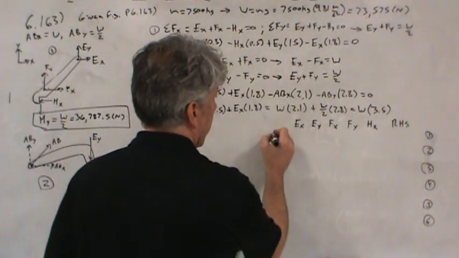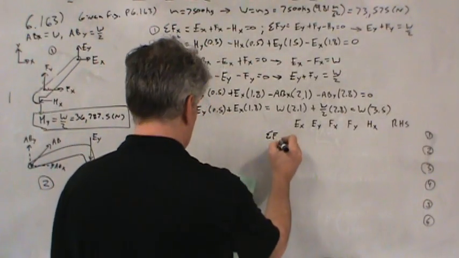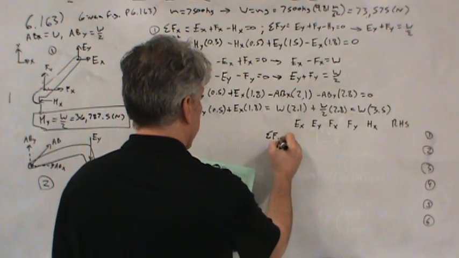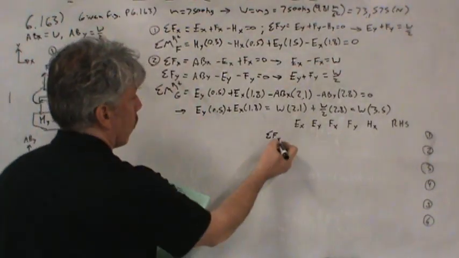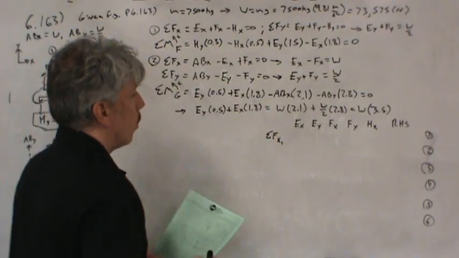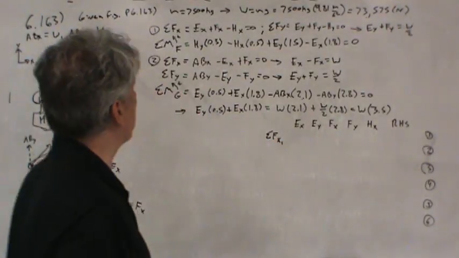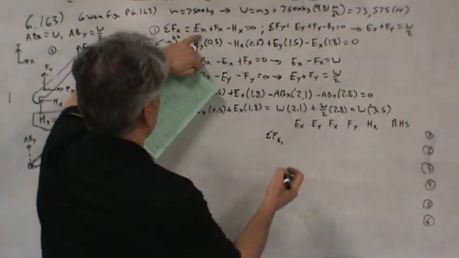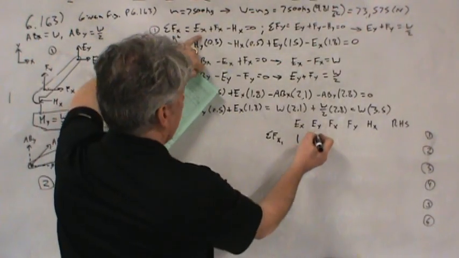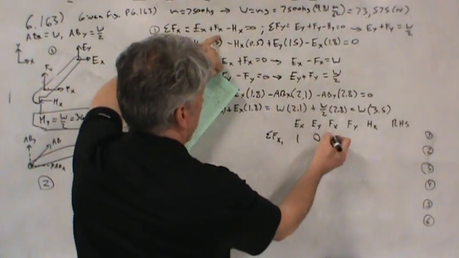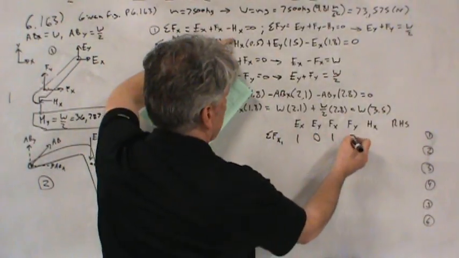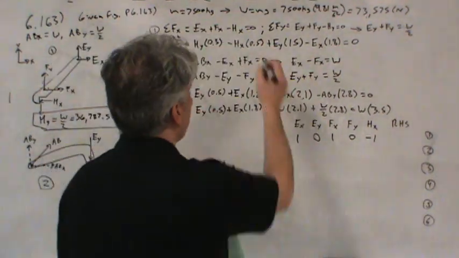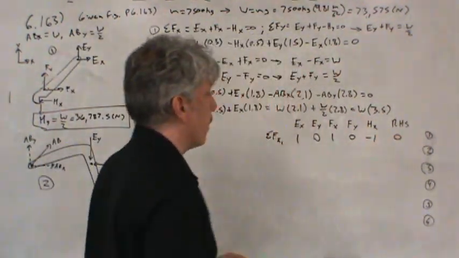So from the sum of forces in the x direction from free body diagram 1, what do the coefficients of these look like? Well, here it is. Ex has a coefficient of 1. Ey doesn't appear in the equation. Fx has a coefficient of 1. Fy doesn't appear in the equation. And Hx has a coefficient of -1. The right-hand side of that equation is 0.